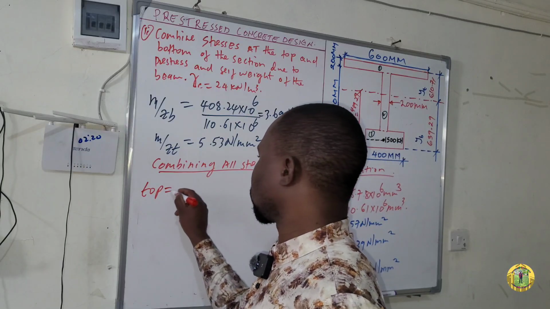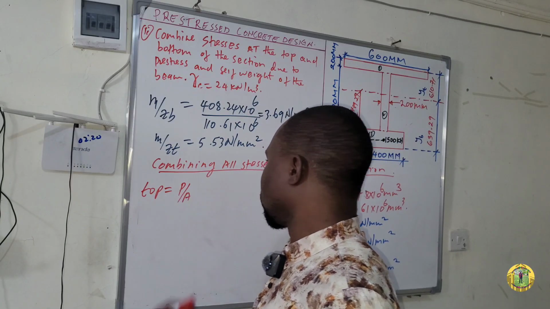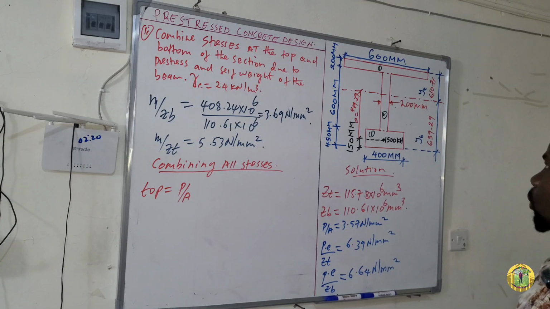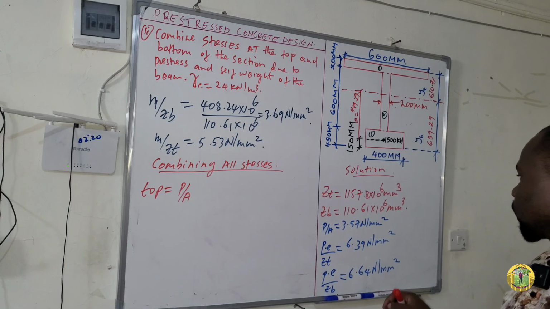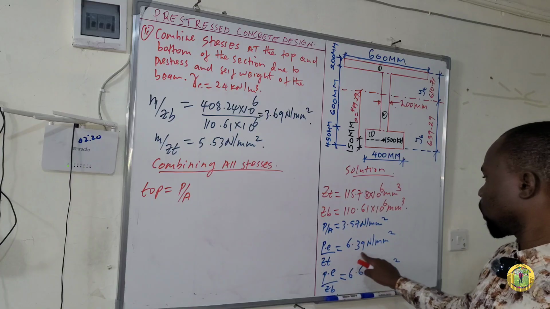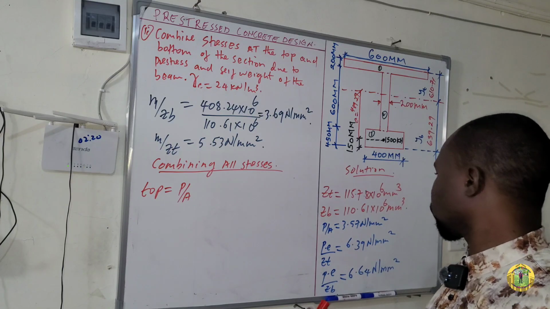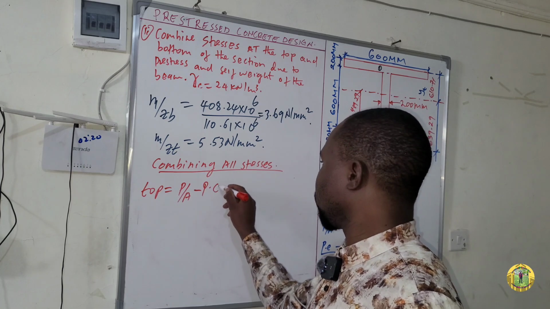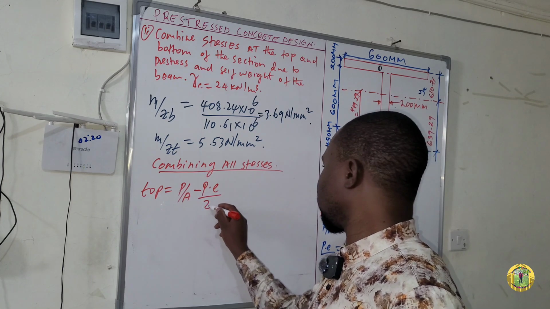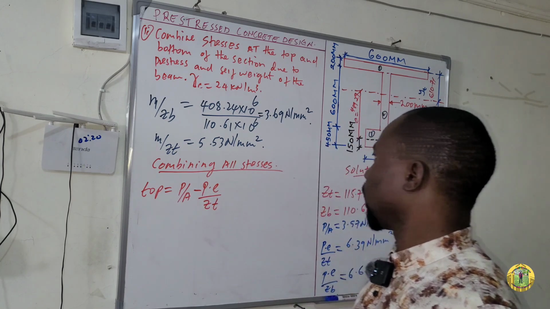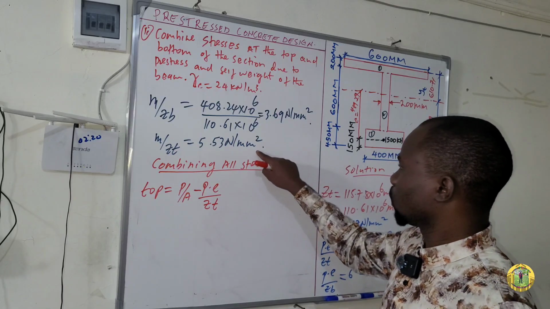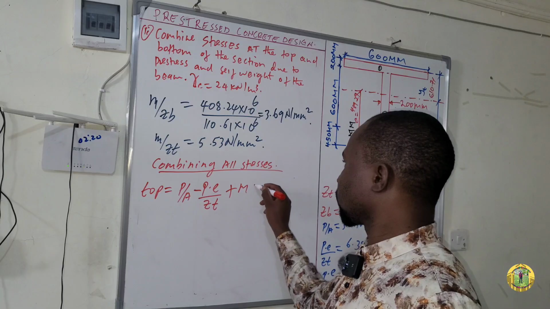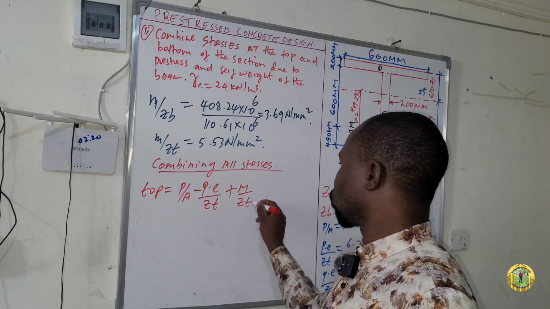At the top, we have P over A, which is positive. Then we come to stress due to pre-stressing, at the top you have 6.39, so this one is negative, minus PE over Z top. And then this one will be plus M over Z top.